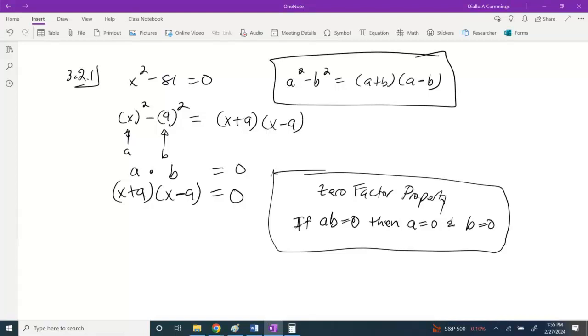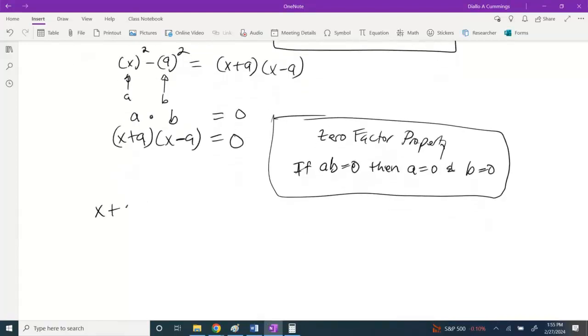So that means I can set a, or x plus 9, equal to 0, and I can set b, which is x minus 9, equal to 0. So now I have linear equations versus quadratic equations, and I can easily solve these for x.